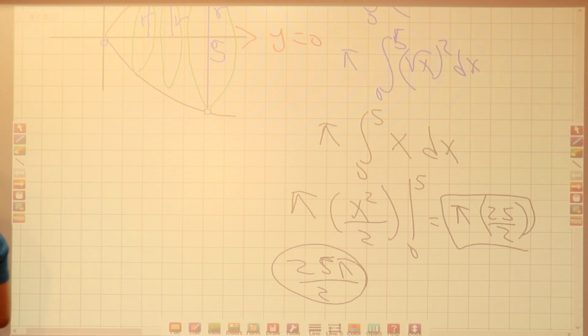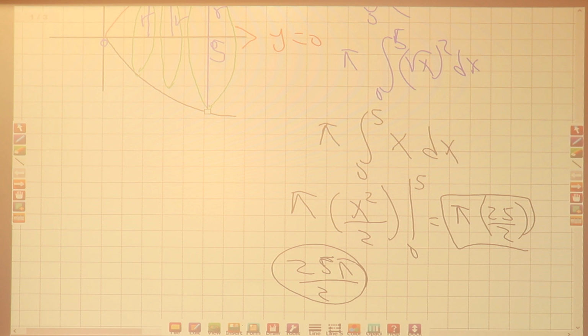Okay, what happens if I want to revolve the same function about x equals 5? The revolving will not be about y equals 0. It is about a different line, right?